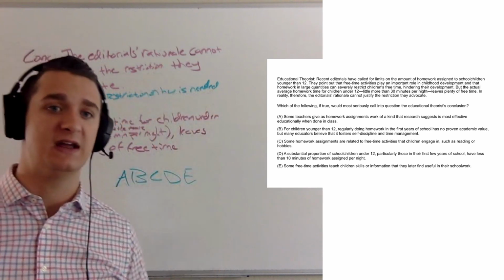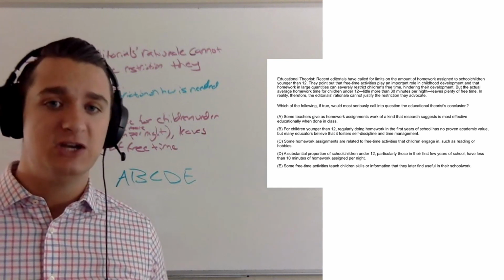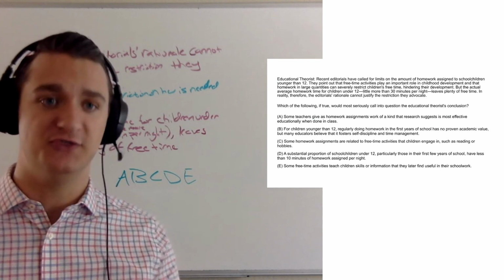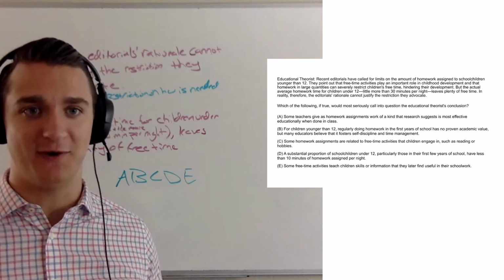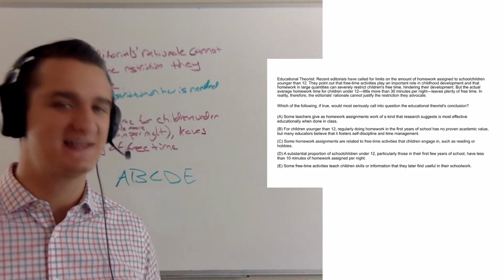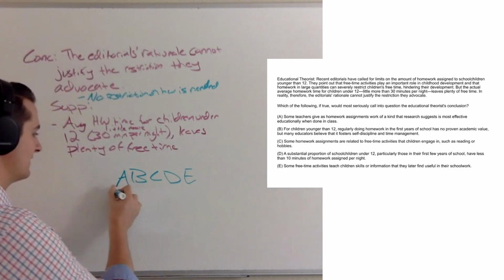Their words are important here. In other words, A gives me no reason to think that the editorial's rationale actually holds up, that there's too much homework. It makes me think, well, maybe it's more effective done in class, but it doesn't make me think that there's too much homework. So for that reason, I can eliminate A.